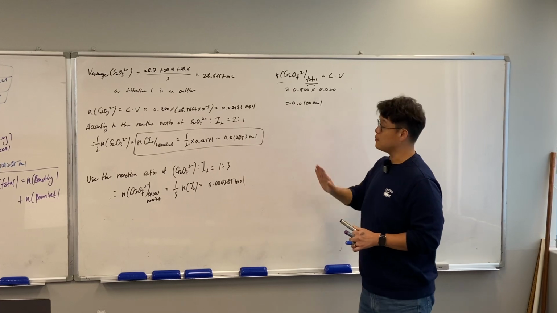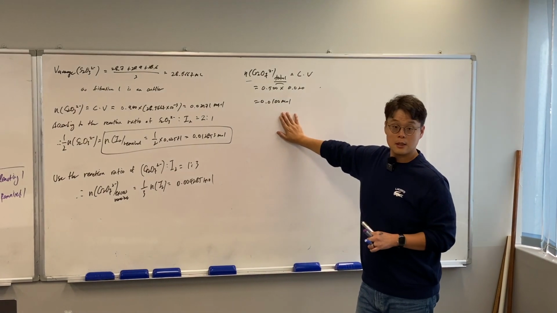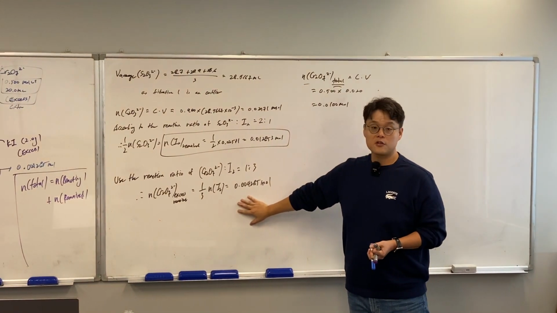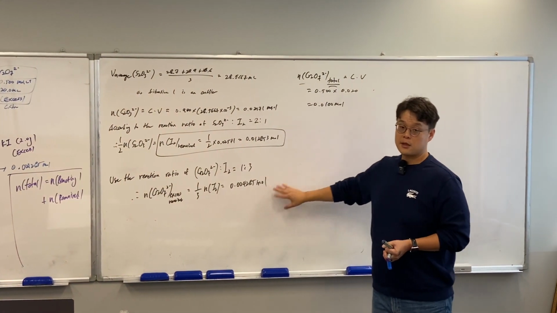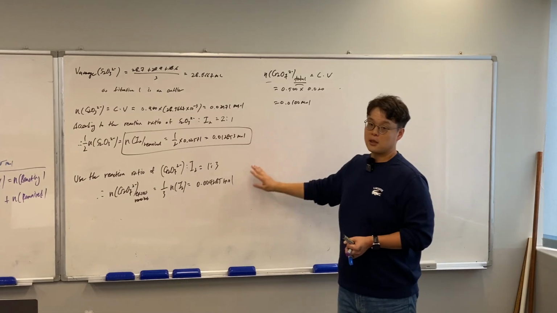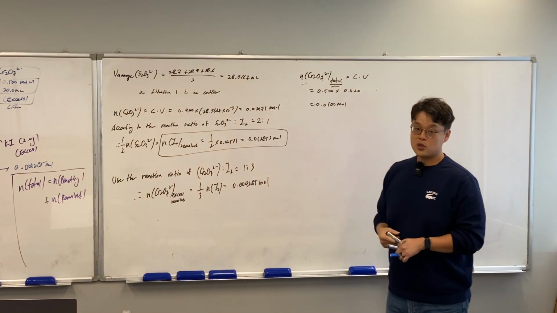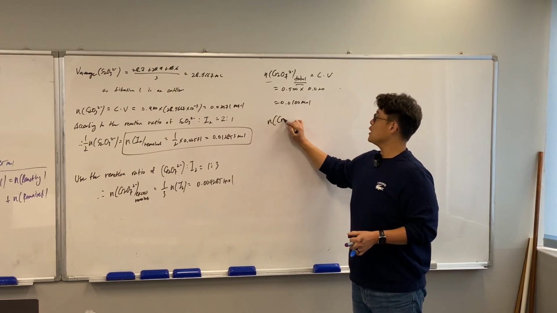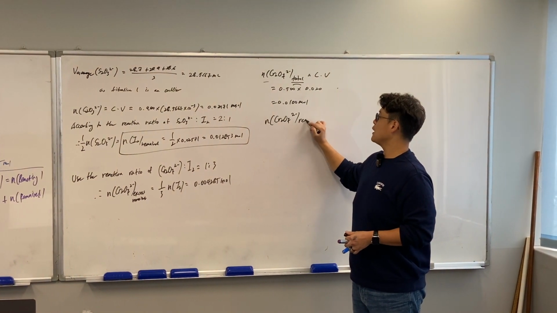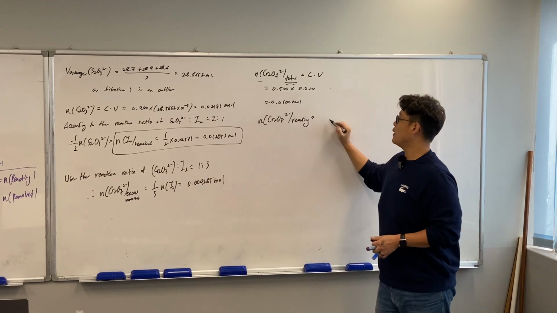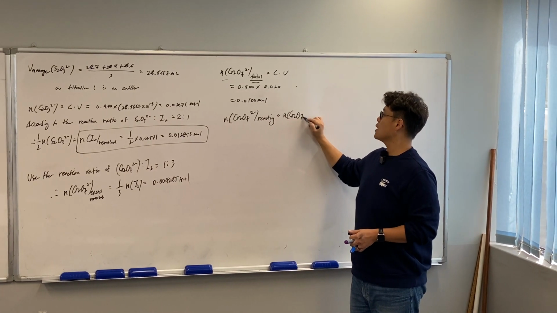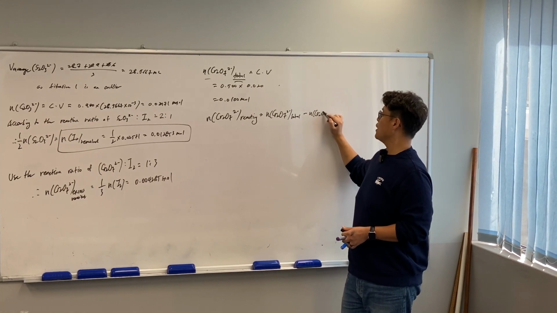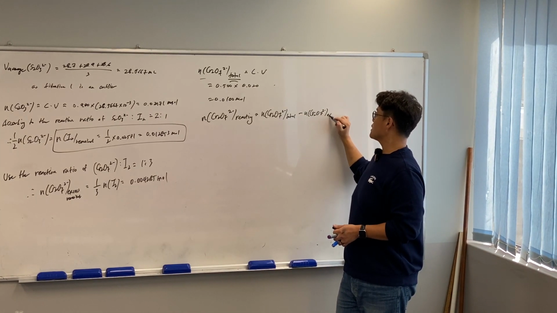You're given, first of all, this much of the dichromate. This is the amount of dichromate left over. Just like you had $10, the remaining dollars is 2. If I ask you how much they spent, you simply do this. n of the spending or the reacting is therefore found by n of the dichromate Cr2O7 2- total minus n of the dichromate that is given as excess or leftover.